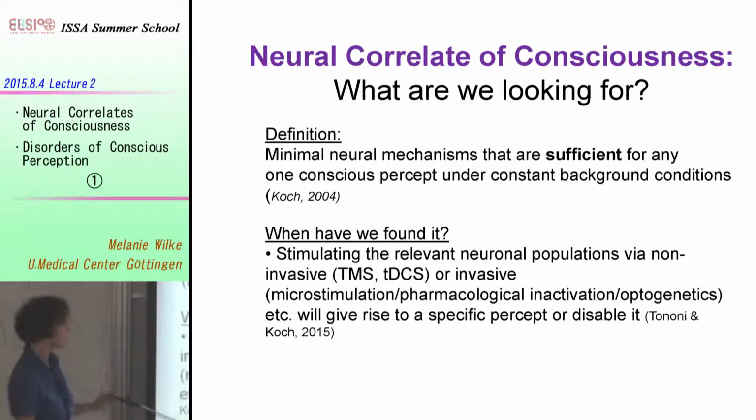They state in their last review, the Koch and Tononi review, I think you had it on your lists as well, they say stimulating the relevant neuronal populations via non-invasive methods, for example TMS, tDCS, or invasive microstimulation, will give rise to a specific percept or disable it.